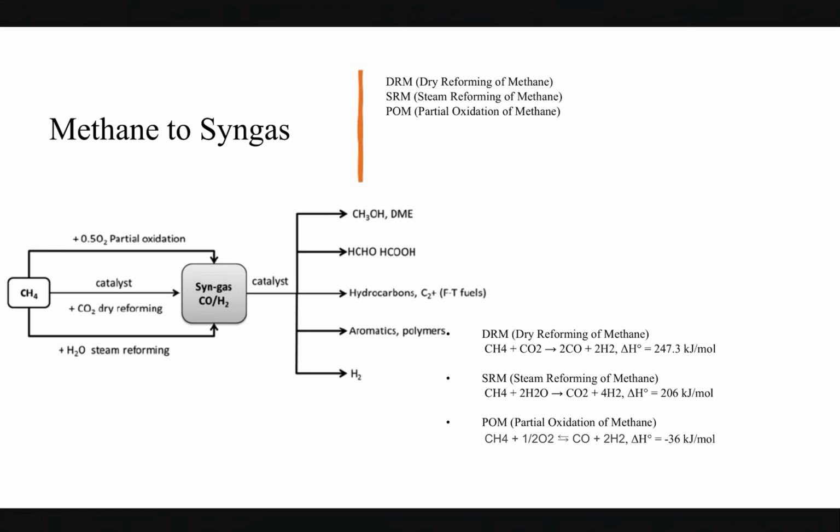And third is the partial oxidation of methane. From the syngas produced in these processes, and by using a catalyst, useful materials such as methanol, hydrocarbons, aromatic polymers, and hydrogen can be produced.